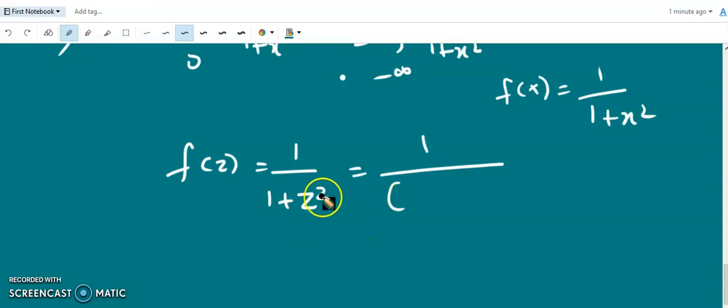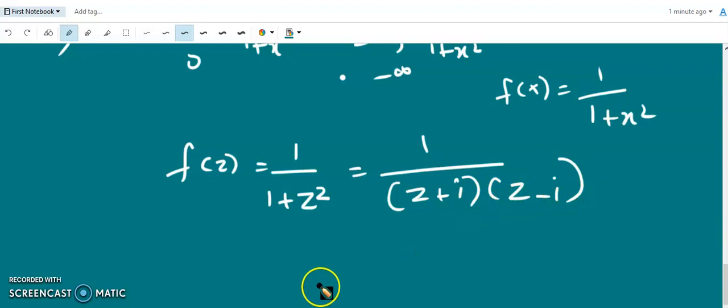So here a is z, b is 1. So z plus i into z minus i. So the poles of this function are z equal to minus i and z equal to plus i. When this term is zero, z equal to minus i, and when this term is zero, z equal to plus i.